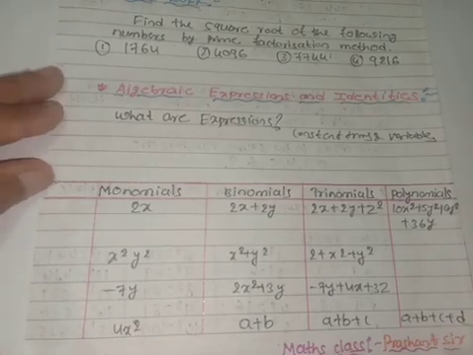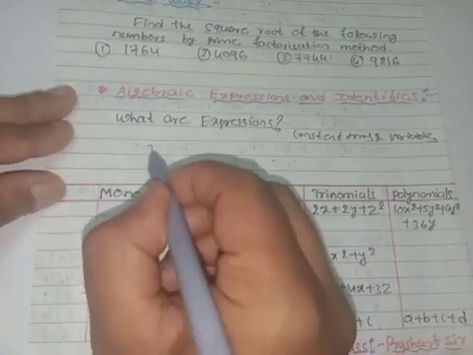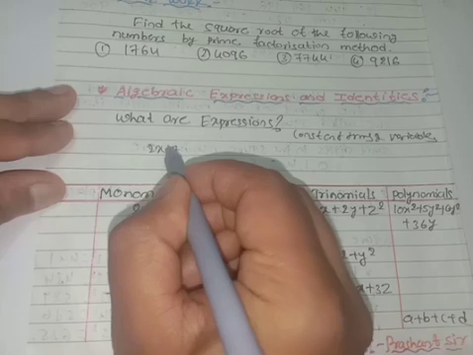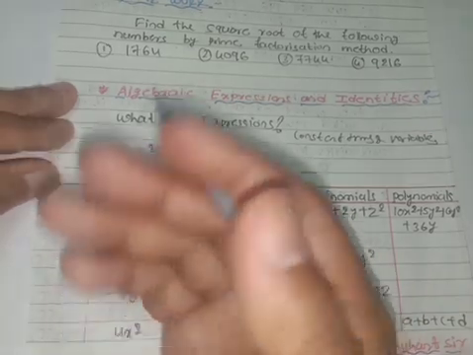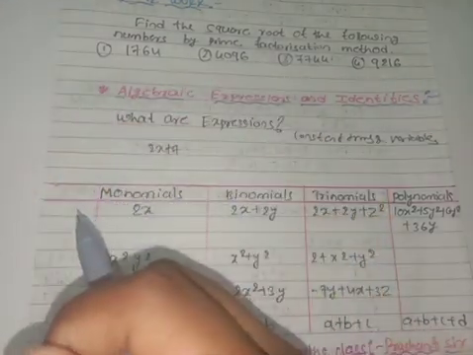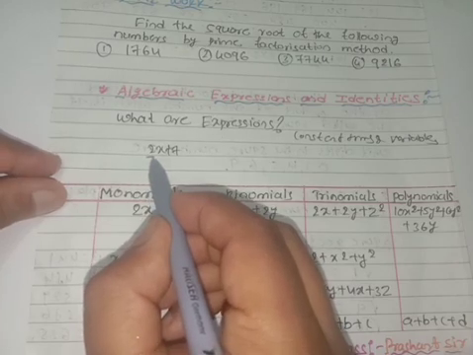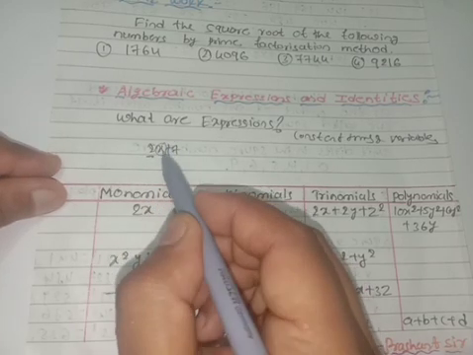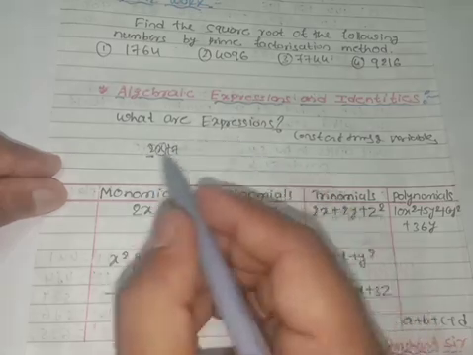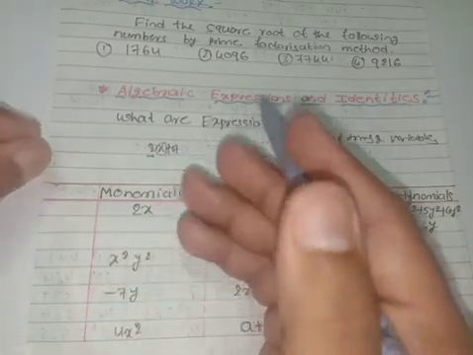So I will give you one example here. 2x plus 7. It is an algebraic expression. And here 2 is a constant term and x is a variable. Earlier we know the variable.